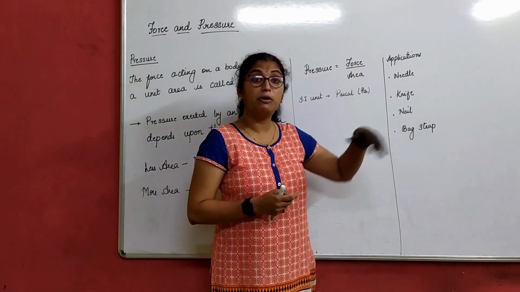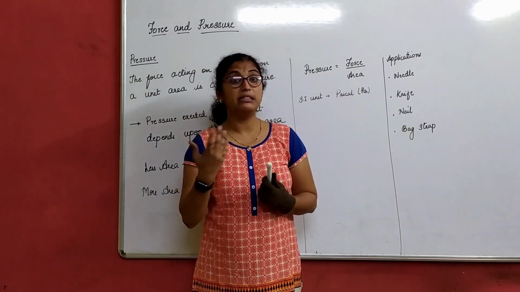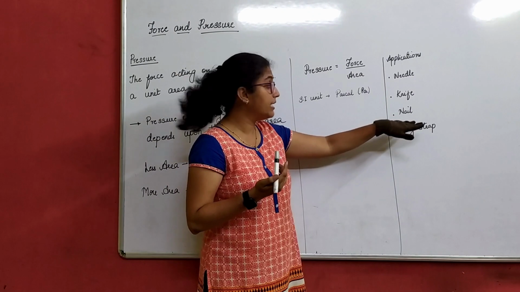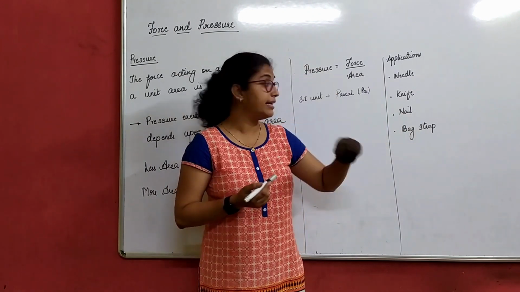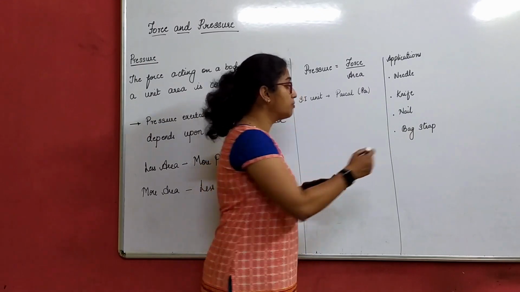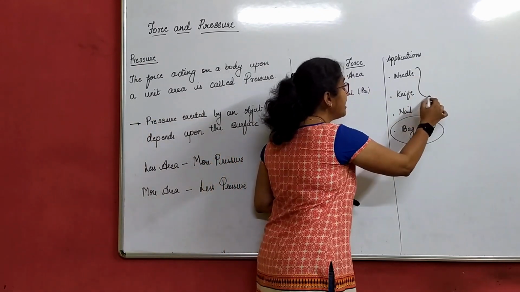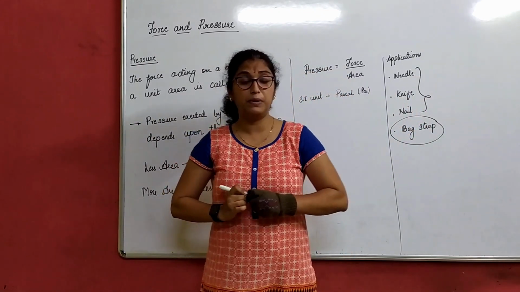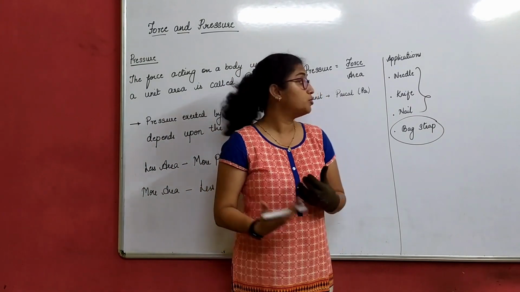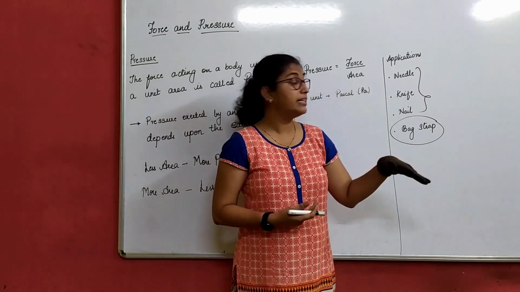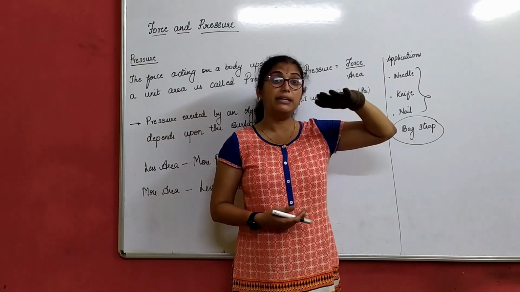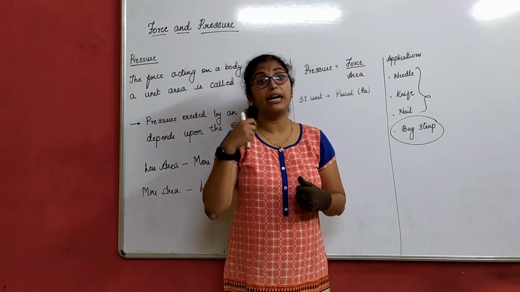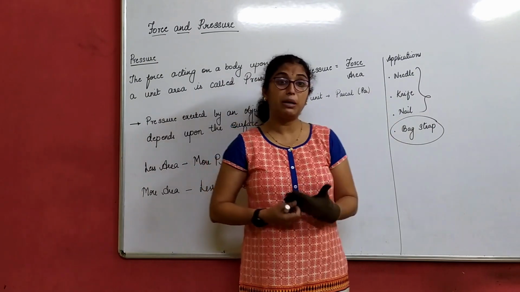Similarly here, if I talk about a knife, it has a blunt and a sharp end. A nail will also have a pointed end and a blunt end. Now this I'll come to later. When I talk about these three examples, why am I not using the blunt end of the needle, the blunt part of the knife, or the blunt part of the nail for hammering or any of these purposes?